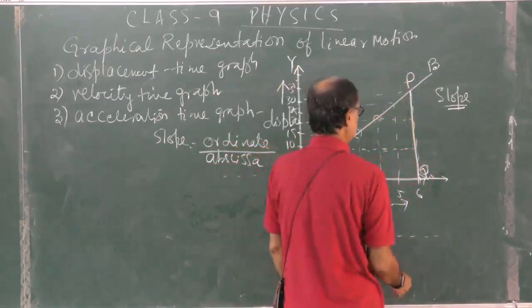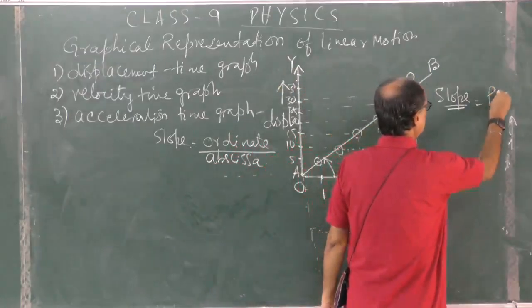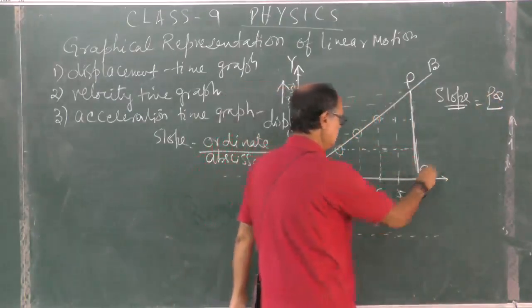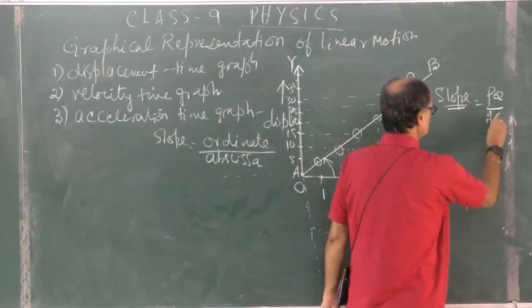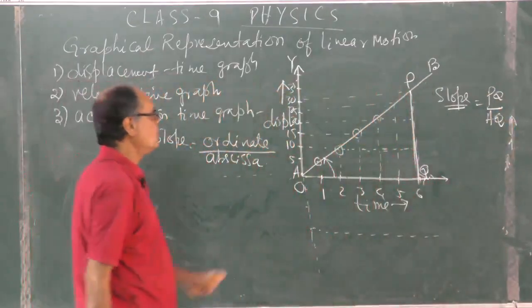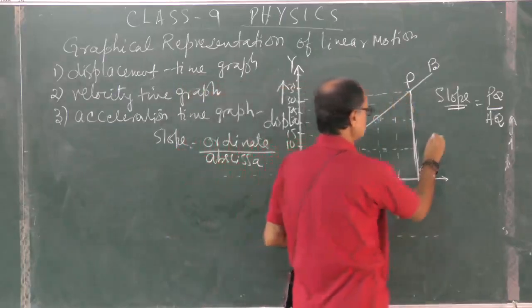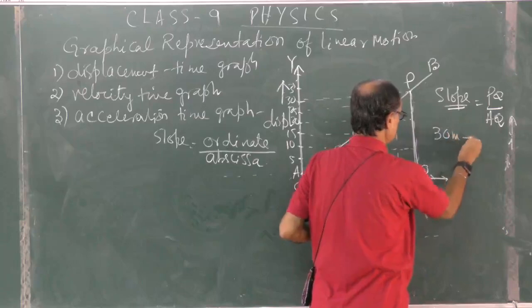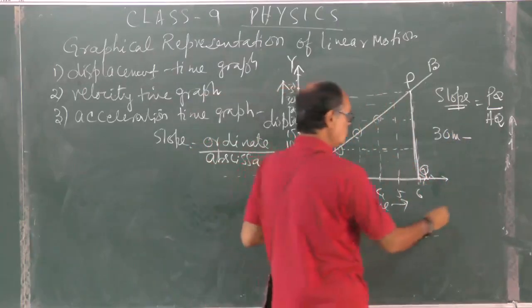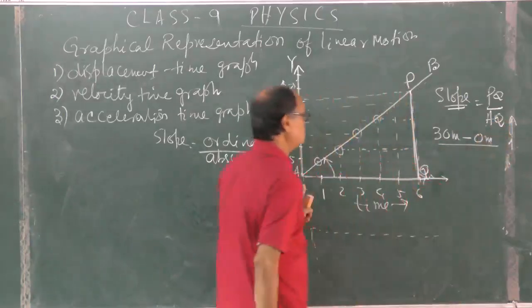For slope directly we use ordinate divided by abscissa. So here the ordinate value is PQ, so it is PQ divided by AQ. Now you can find: the maximum value at P is 30 meter minus the lowest value at Q, that is 0 meter, divided by AQ.